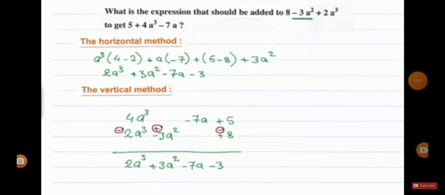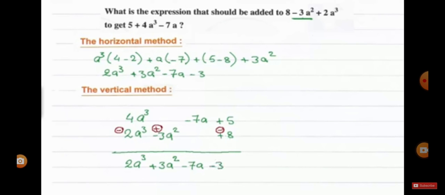Another example. What is the expression that should be added to 8 − 3a² + 2a³ to get 5 + 4a³ − 7a? Try the horizontal method. I'll begin with the last expression, with arranging.